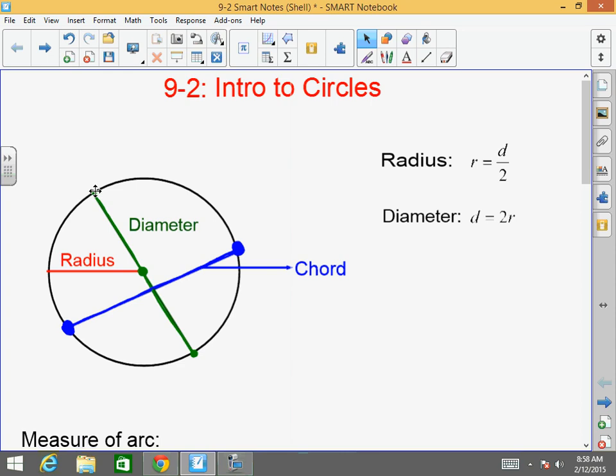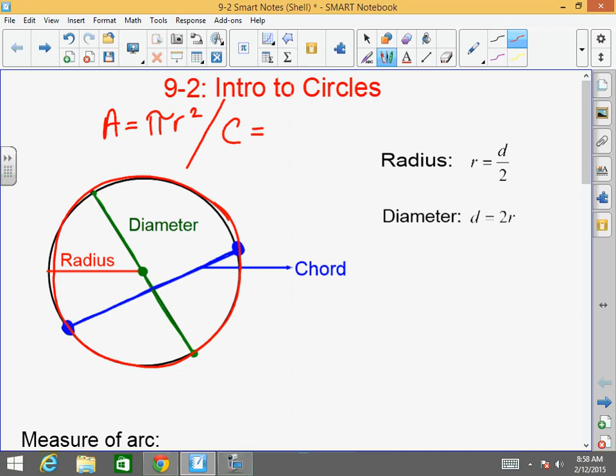Hopefully you remember, we've already talked about this, that the area of a circle is pi r squared. That's the area: how many square units are within that circle? And then we also have what's called circumference. Circumference is the perimeter of a circle, basically. It's the distance around the circle, not the space inside of it.